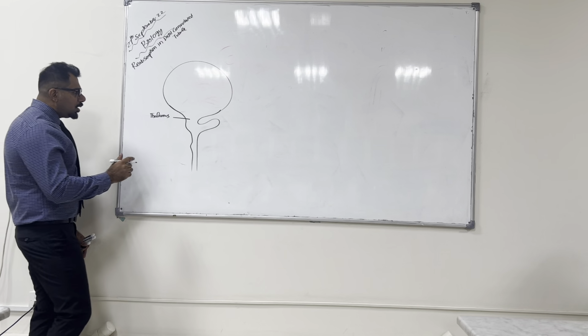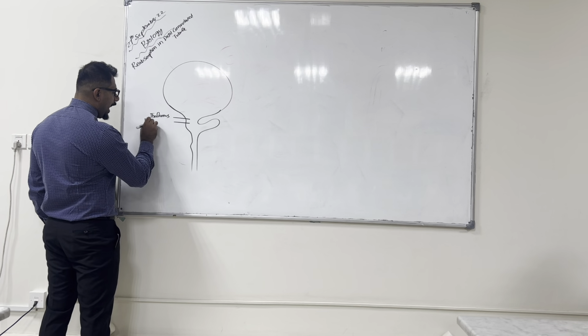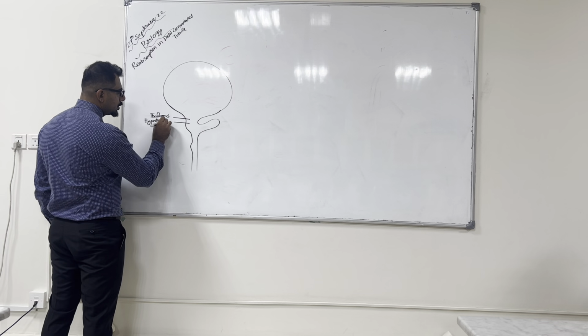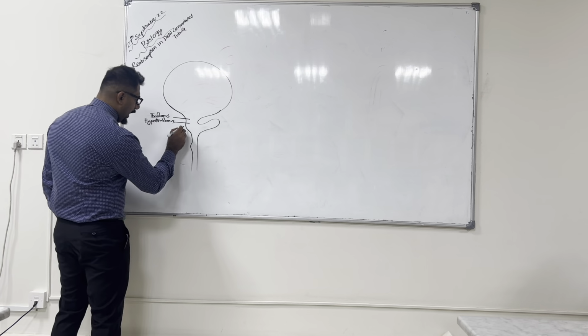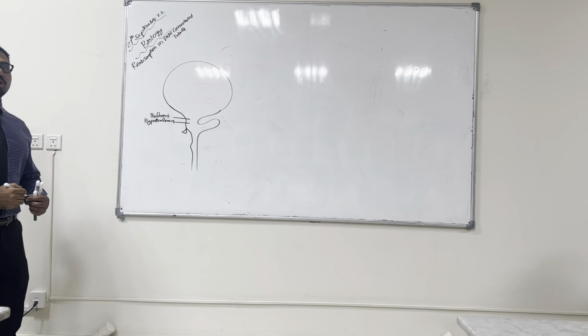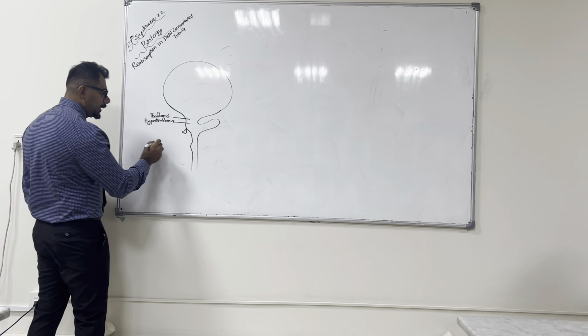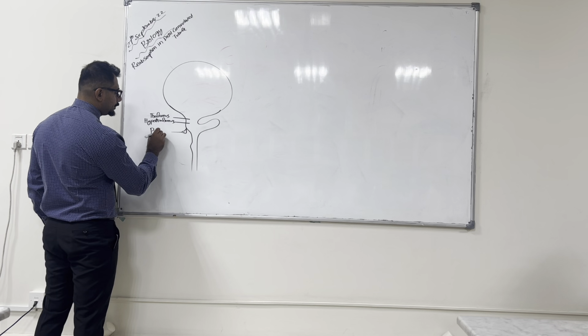And below the thalamus, there is a part of the brain which is called the hypothalamus. And below the hypothalamus, over here, there is the smallest gland of your body, but the most powerful gland, that is the pituitary gland.